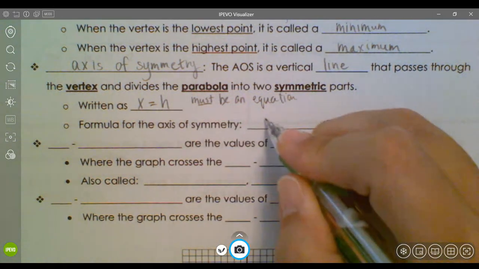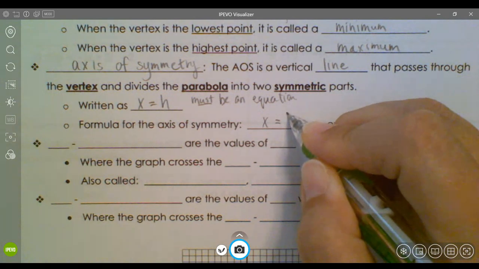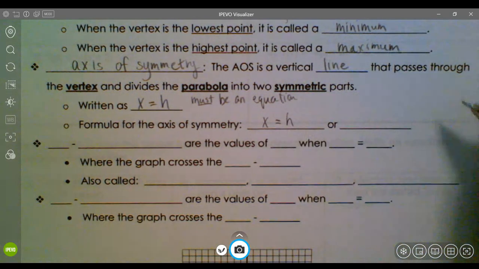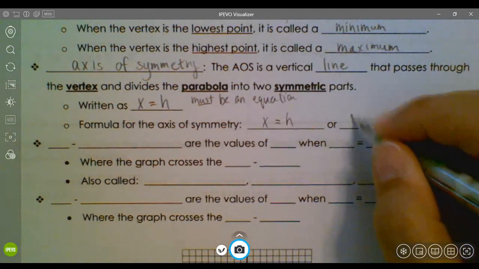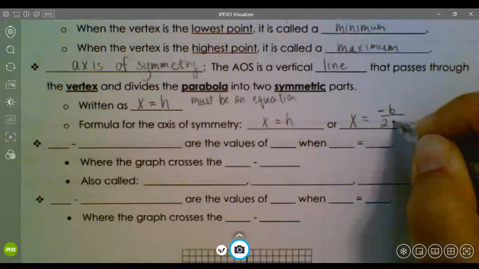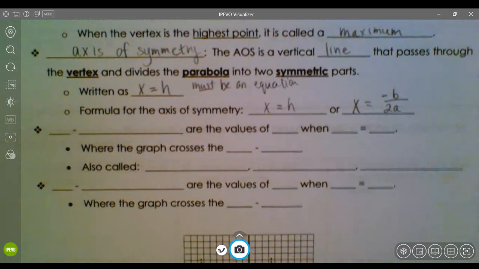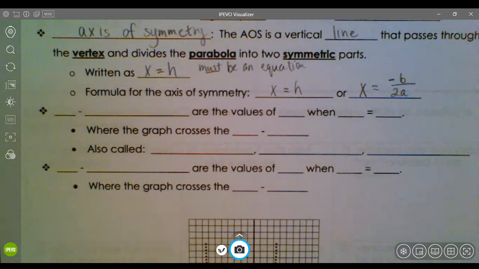You can just tell me x = h, or down the road, we're going to write it this way, where we're going to define, you'll see. Okay, so the axis of symmetry, keep those things in mind.